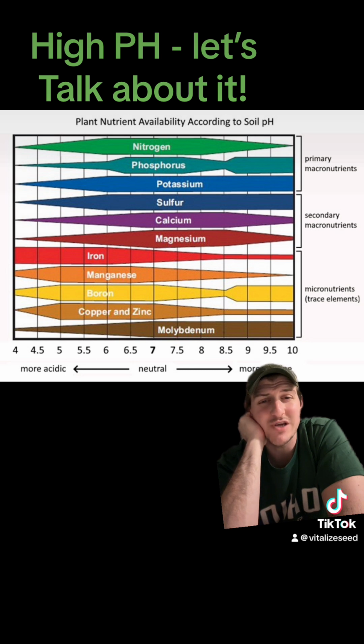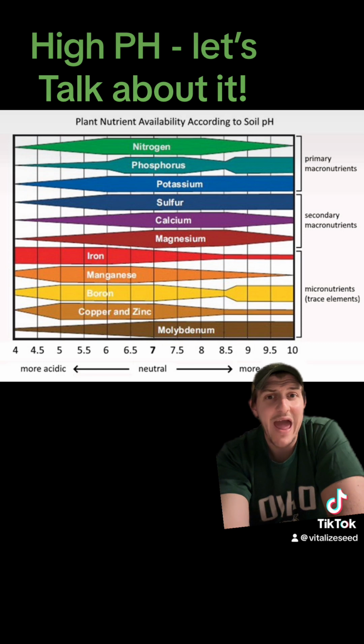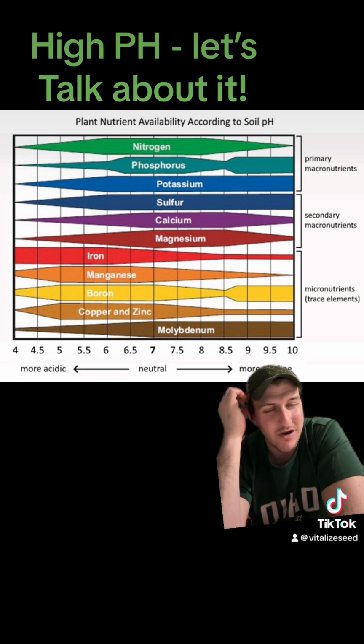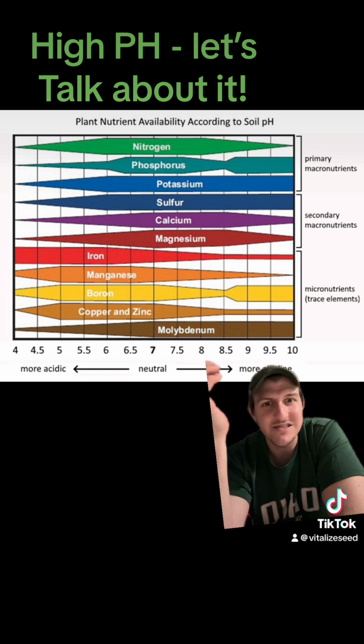Keep this in mind, guys. Let's say you have an 8 pH soil and you plant the crop, but the crop seems to be struggling, and you're thinking, well, I have a high CEC, I have a high pH, I have good organic matter, I don't think I'm struggling with my macros, my NPK.